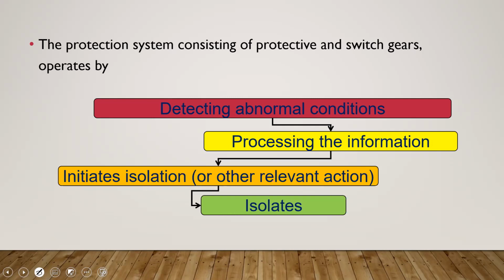We'll be looking at the equipment that helps you to process the information. So we process it, and then based on the output of that processing, it says trip or it ignores it. And then finally, we have isolation. All right. Pause again. Any questions?